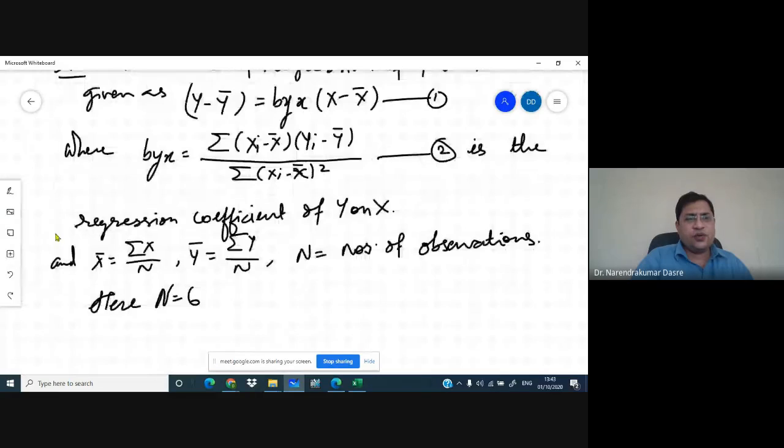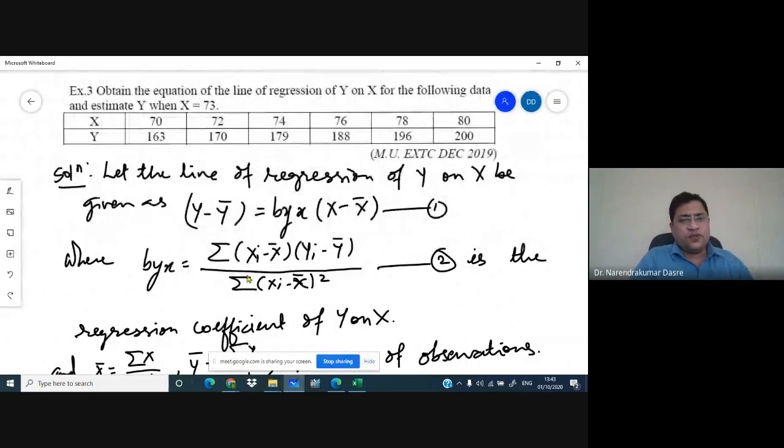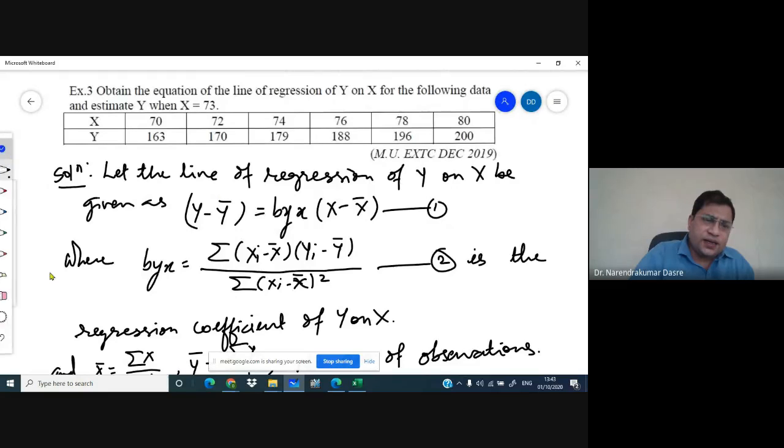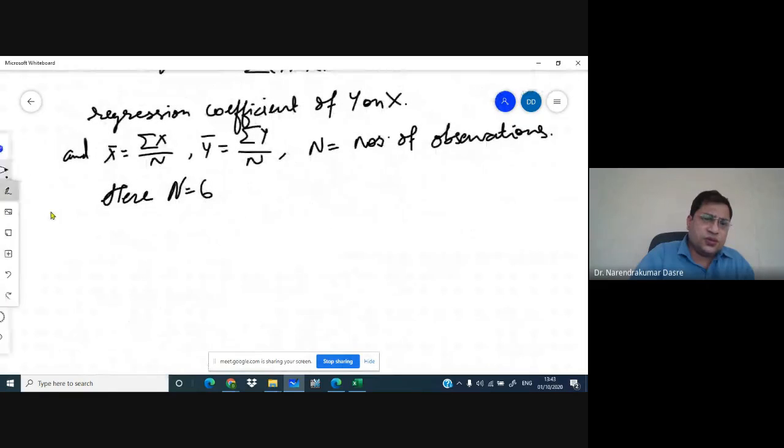And as you see, I want to find only one line, so I don't have to write another formula again. So we can have the table directly.